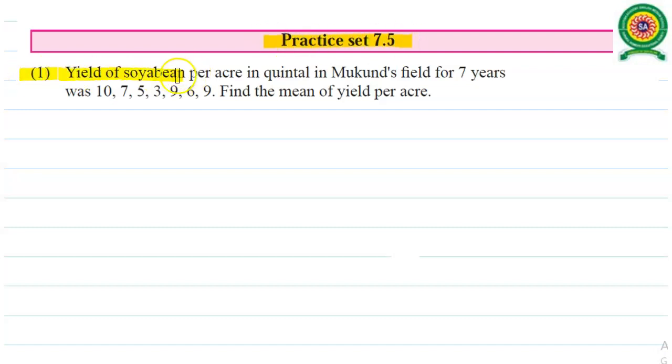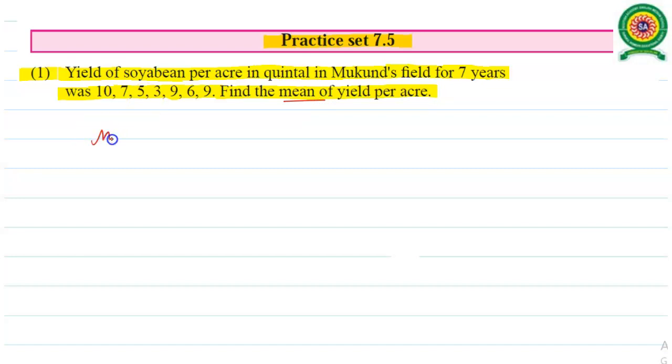Yield of soybean per acre in quintal in Mukund's field for 7 years was 10, 7, 5, 3, 9, 6, 9 quintals. Find the mean of yield per acre. So we have to find the mean for the given observations.